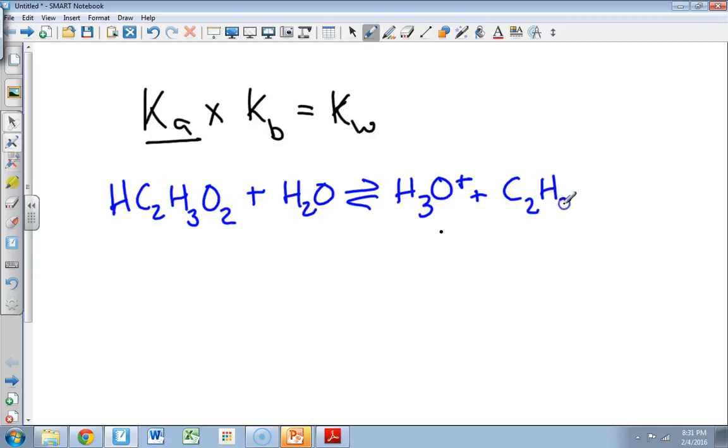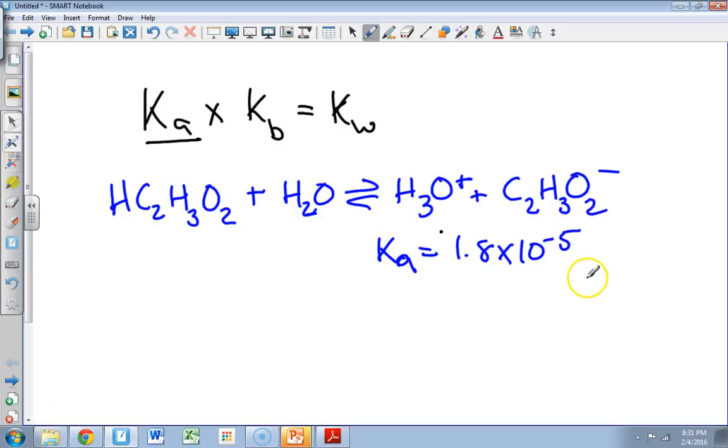Now we can look up the Ka of this reaction. You have the weak acid, its conjugate base, and water. If this is an acid, the water is acting as a base, so it's going to accept a proton. What we know is that the Ka for this reaction equals 1.8 times 10 to the minus 5.